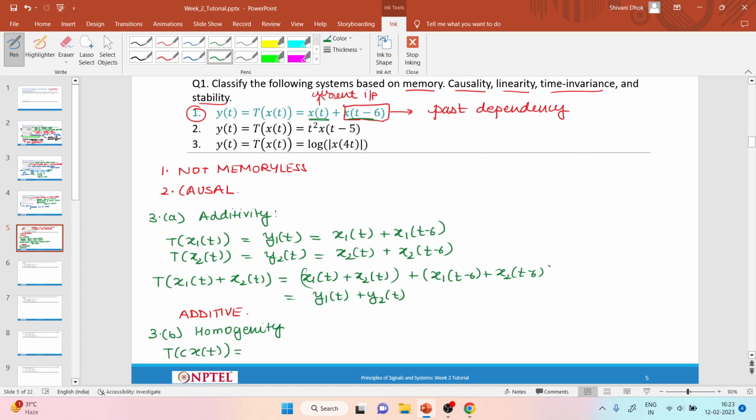That will be equal to c times x of t plus c times x of t minus 6, which is equal to c times x of t plus x of t minus 6, which is equal to c times y of t, which means that the system is homogeneous.